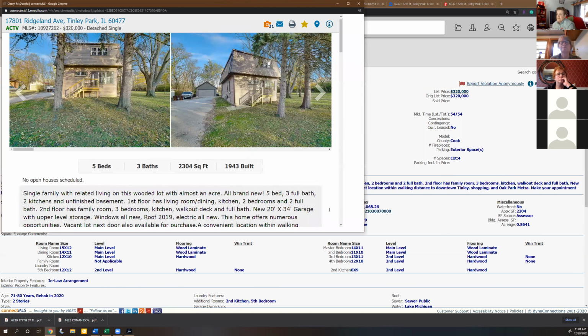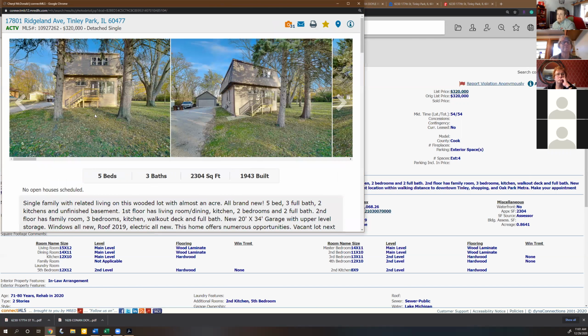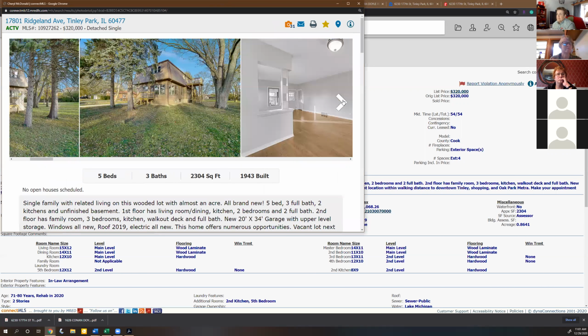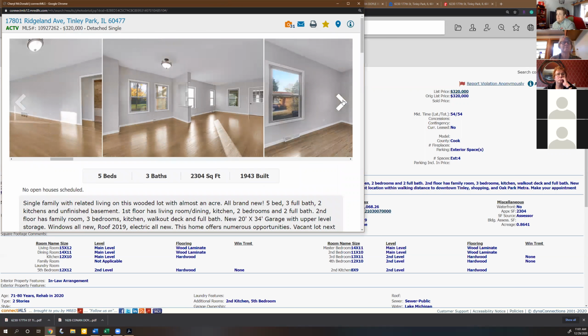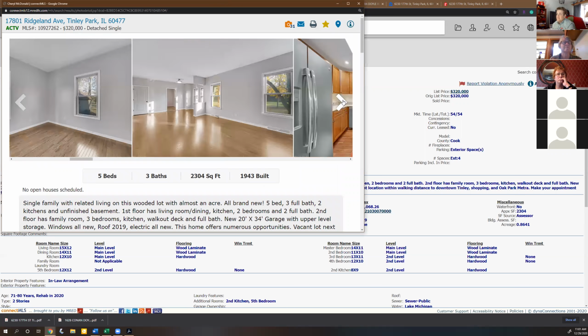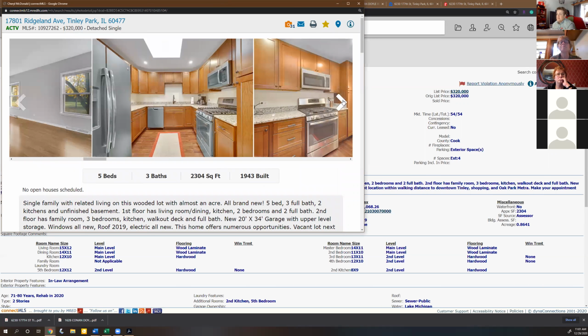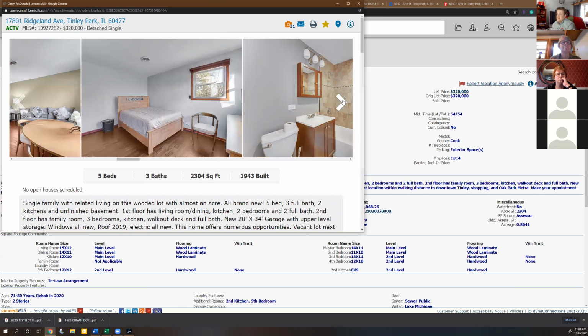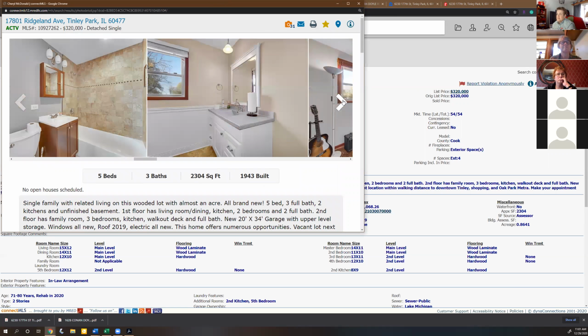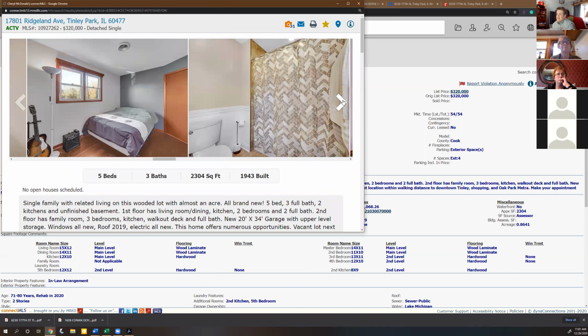Again, for me, this is not a good comp. It was built in 43. It's got 5 beds, 3 baths, but looks like it's pretty redone. The finishes are updated.